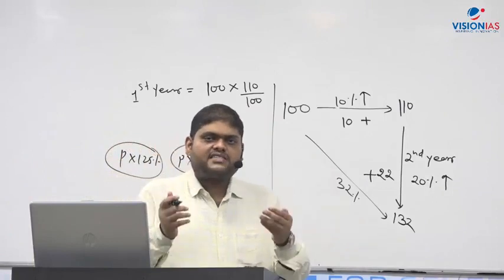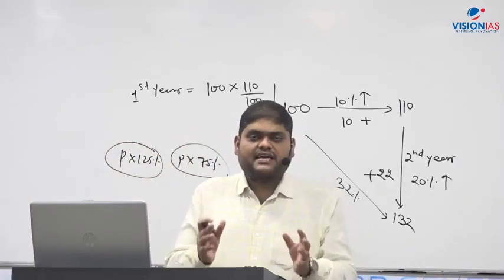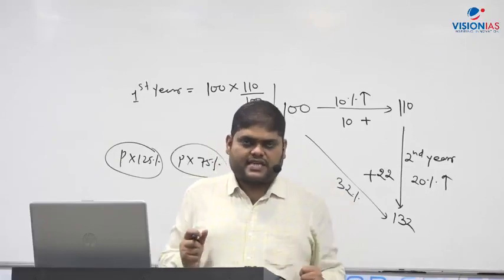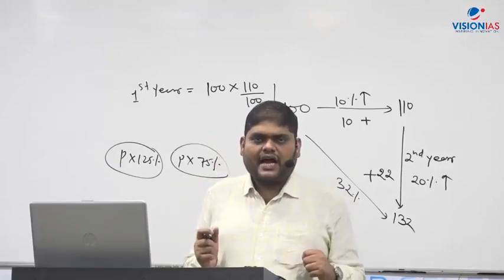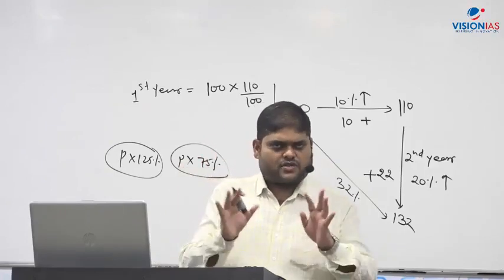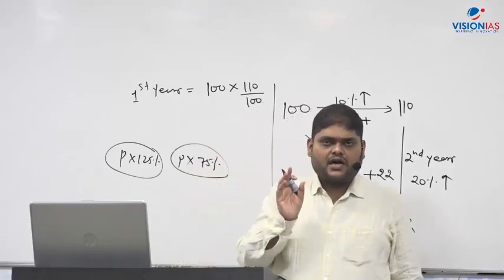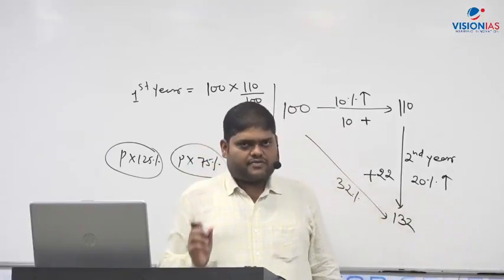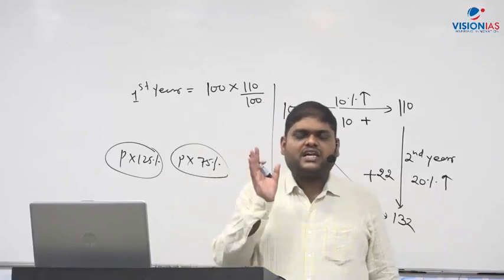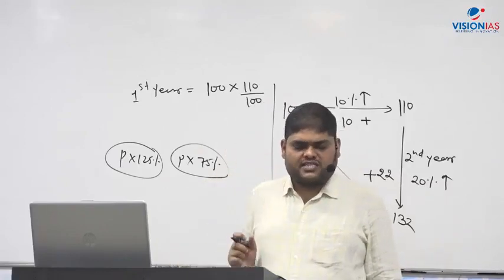A number is increased by 25%, and now the number becomes 625. Suppose the question is this: after a 25% increment, the number becomes 625. Find the original number.